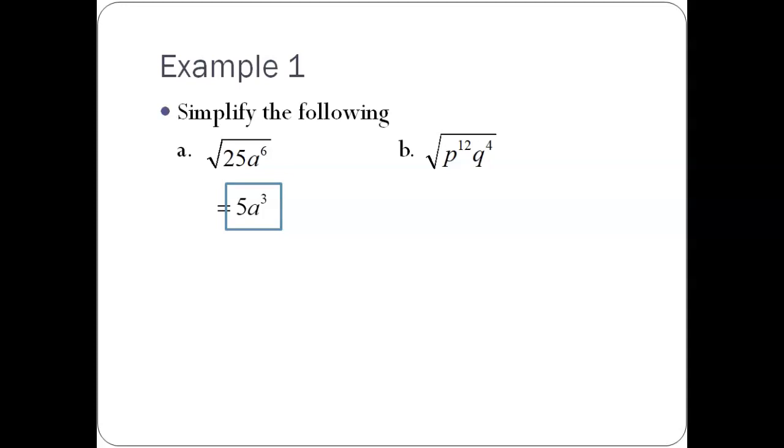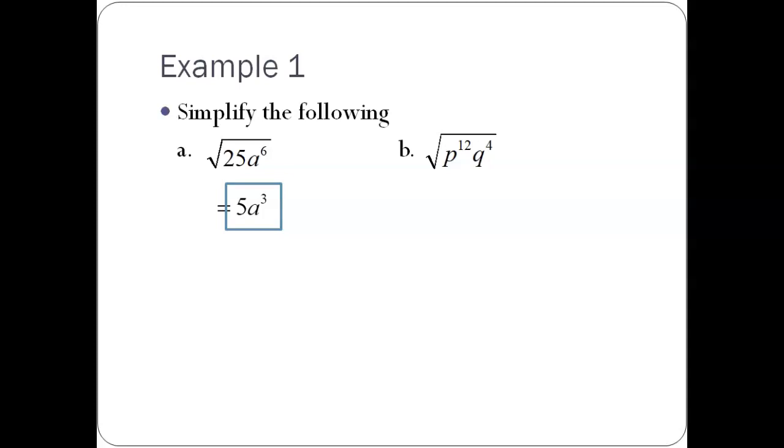So in this case, 6 divided by 2 gives you 3. So when you take the square root of a to the 6th, that's equal to a to the third. But again, I'm going to emphasize that that only works if you're working with the exponent. It does not work with the 25. You cannot divide the 25 by 2 to get its square root.